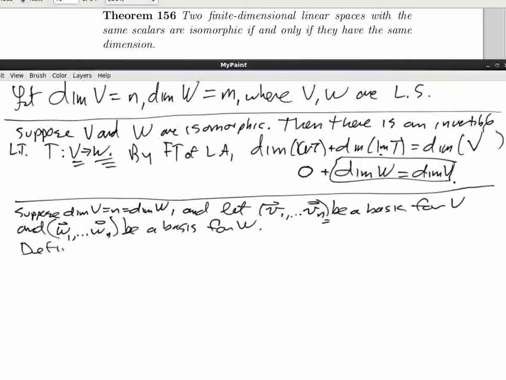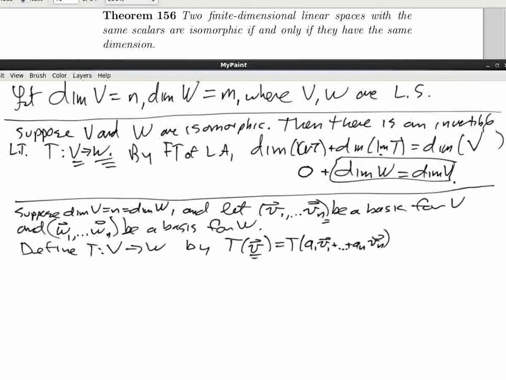Now I'm going to define T going from V to W by T of V equals T of A1 V1 plus up to AN VN.